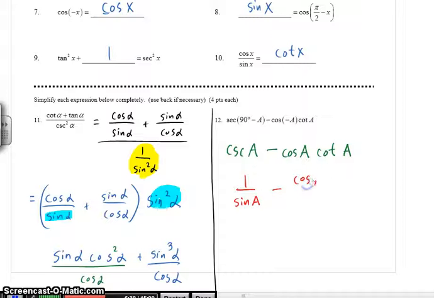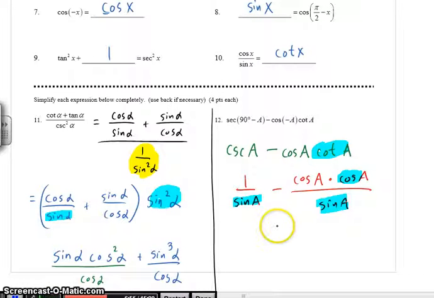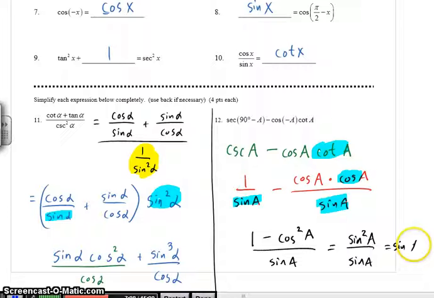So this is cosine a, and this would be cosine a over sine a, because the cotangent is equal to cosine over sine. Now I have one denominator. I'm going to multiply out the top here, and this is over sine of a. Well, 1 minus cosine squared of a is sine squared of a over sine of a, and my final answer is sine of a.